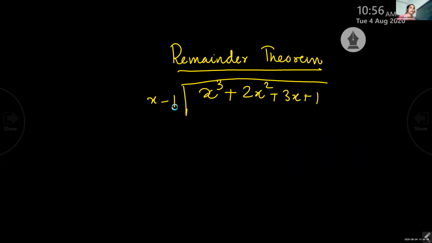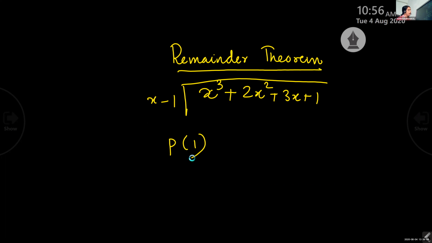Okay, children. If a polynomial is divided by another polynomial, a small polynomial like x minus a, a linear polynomial, no need of dividing it. Without dividing, you can find the remainder. The remainder is p of 1.